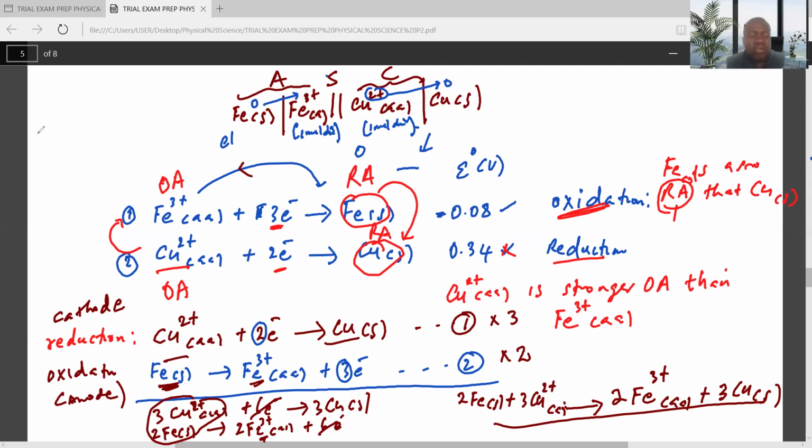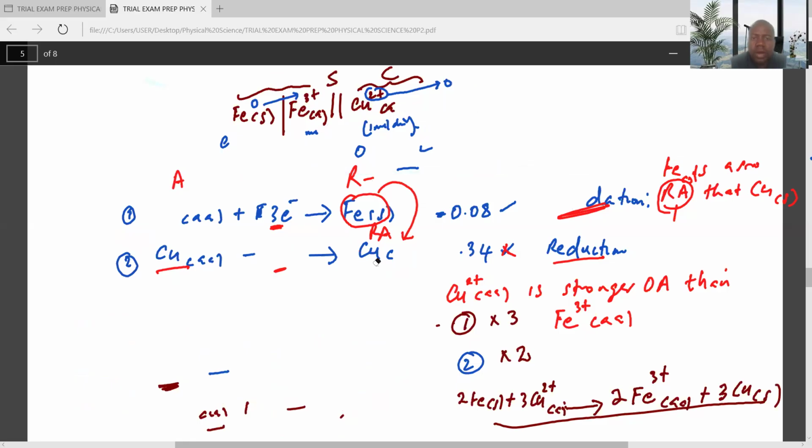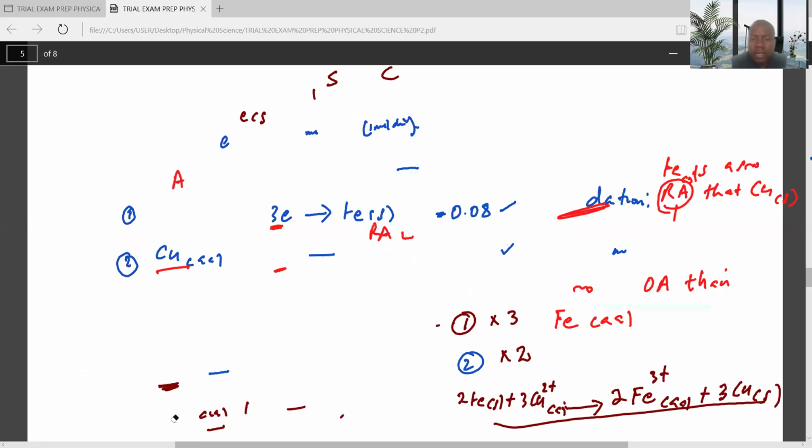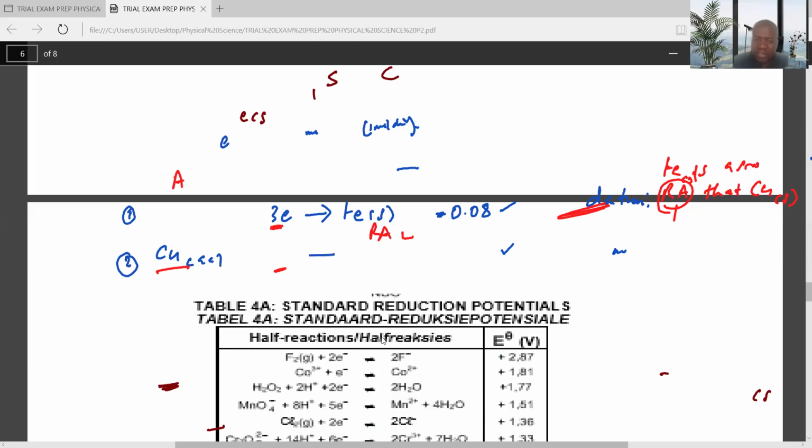Always, when you are looking at your standard potential half reaction table, if you write a reaction from left to right, just know that's always a reduction.